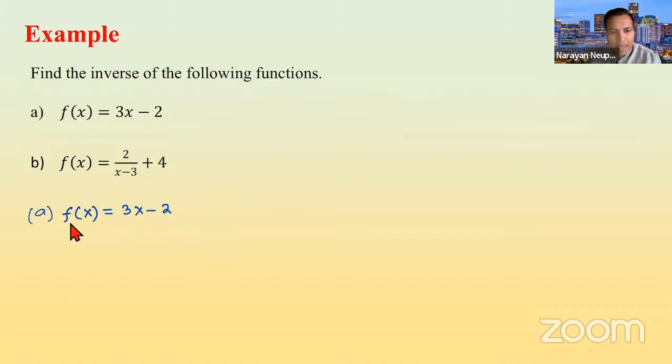For this f of x, we write y. So y is equal to 3x minus 2. And what we learned in the previous class is we can find the inverse of a one-to-one function by interchanging the domain and range. That is, for all x in the equation, we write y, and for all y in the equation, we write x.